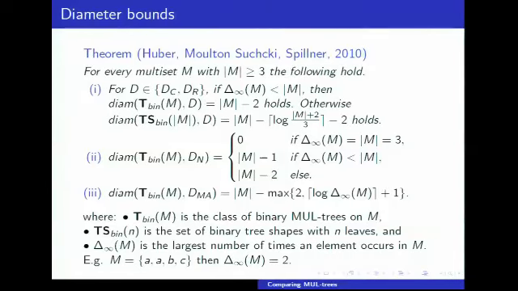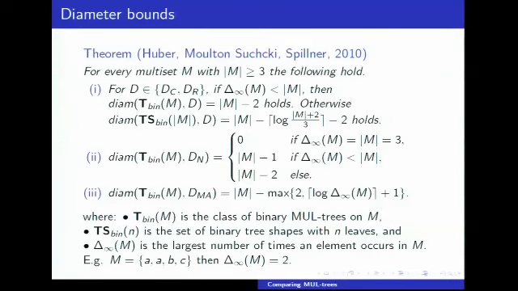Now, if I look at the nested label distance, or nested label metric, dn, then I can also talk about the diameter. I can actually really put my finger on the diameter of that metric on the set of binary multrees. Namely, if I have a tree shape that only has 3 leaves, then the diameter is 0.